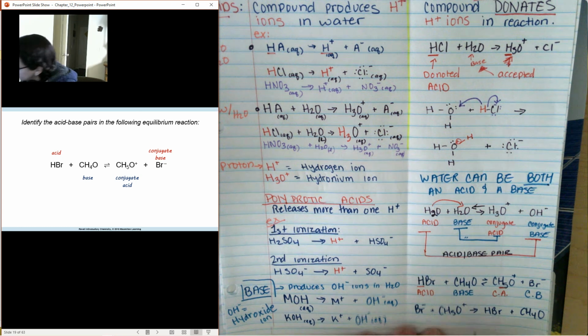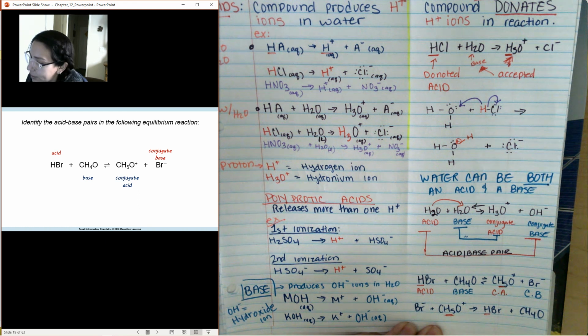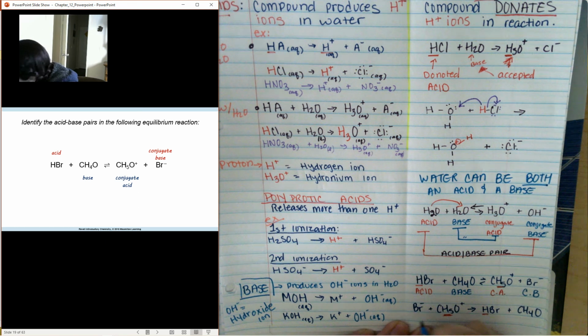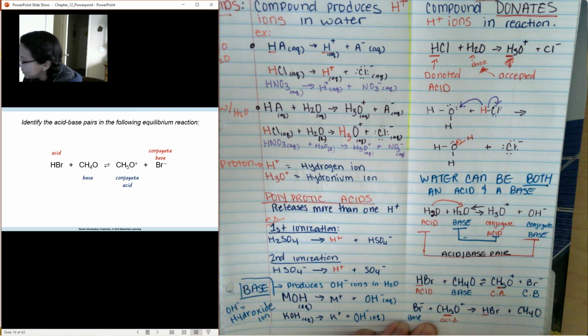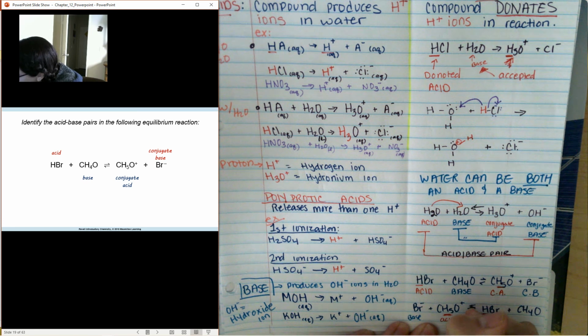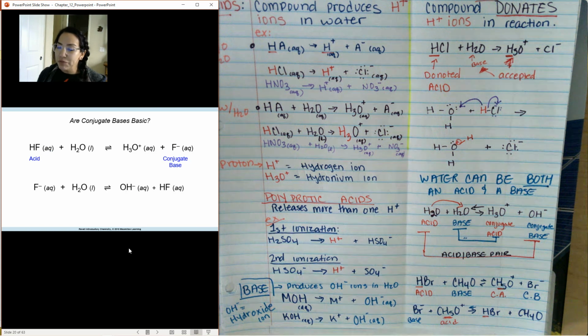Now that it's in reverse, we could see that here is that hydrogen and it's going to go here. So this is going to be my base and this is going to be my acid because it's in the reverse format. Right? And remember, the reaction goes both ways. All right, much better when we write everything out, okay?